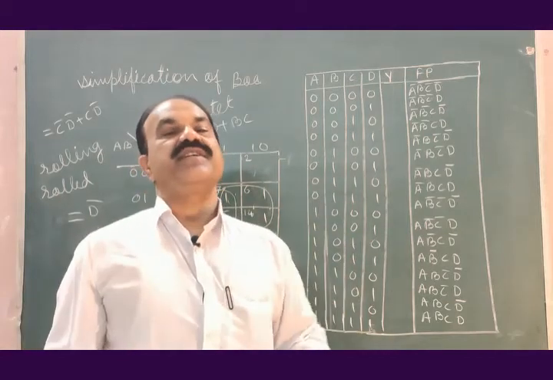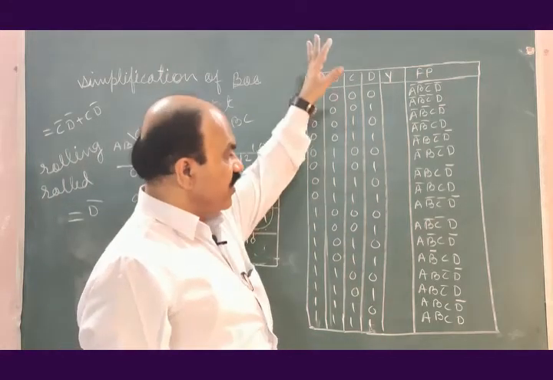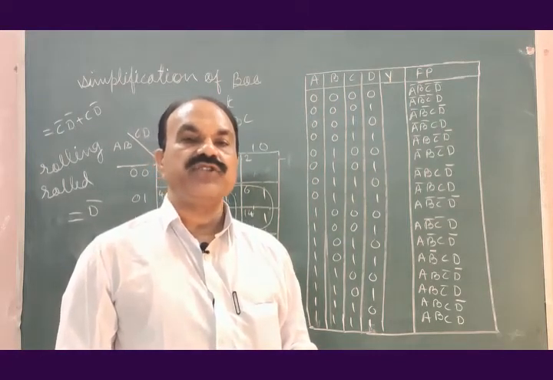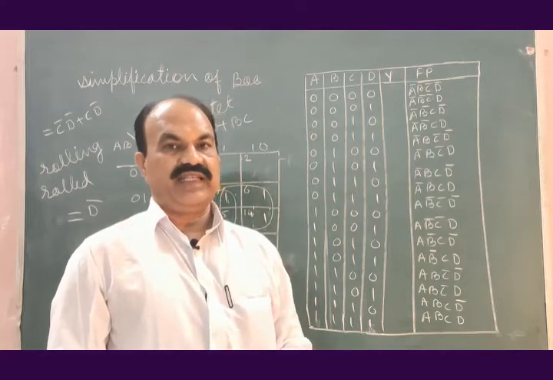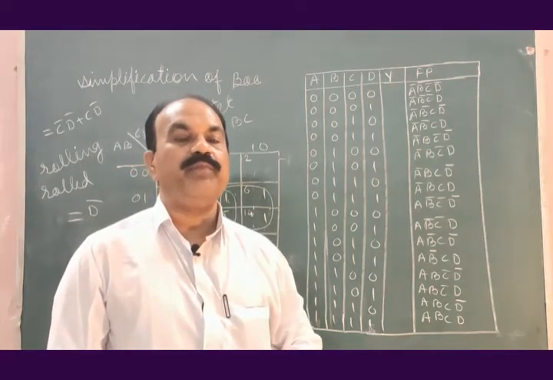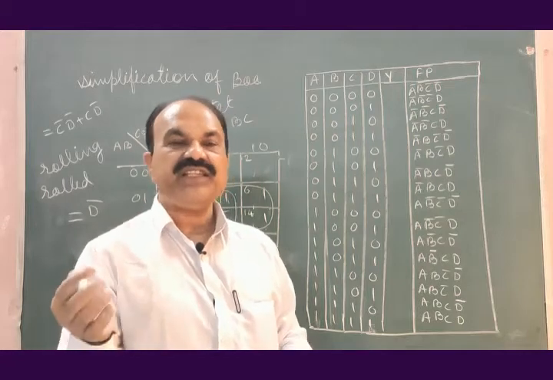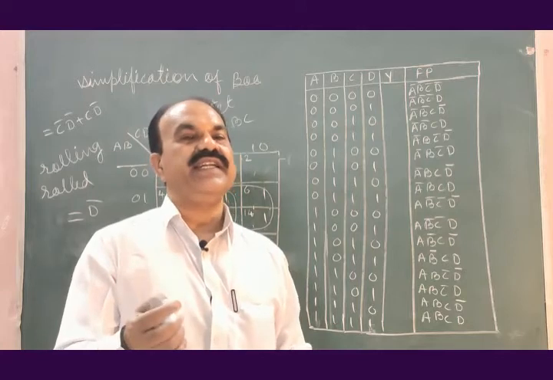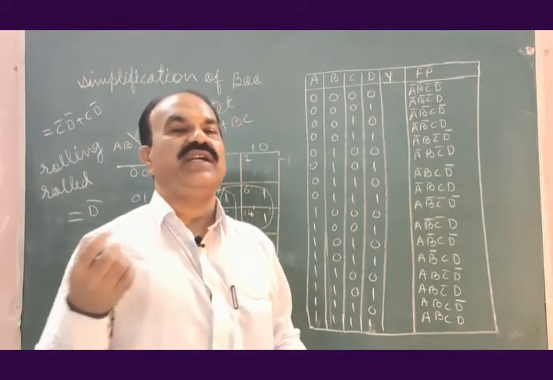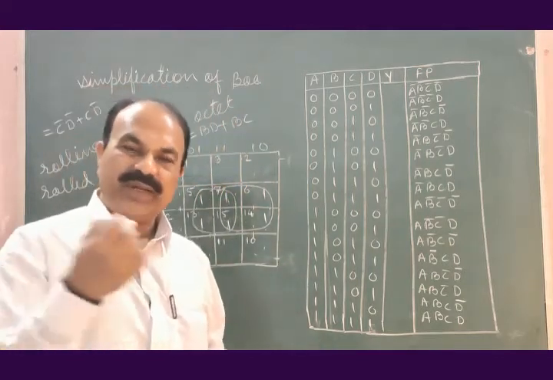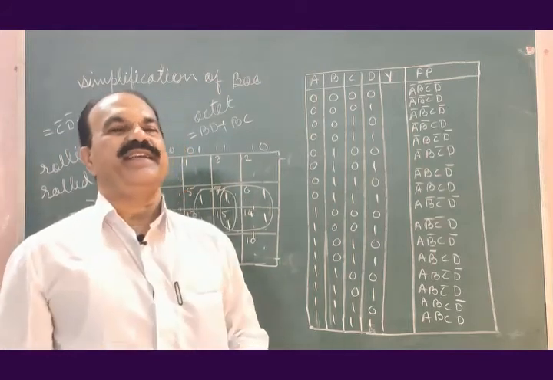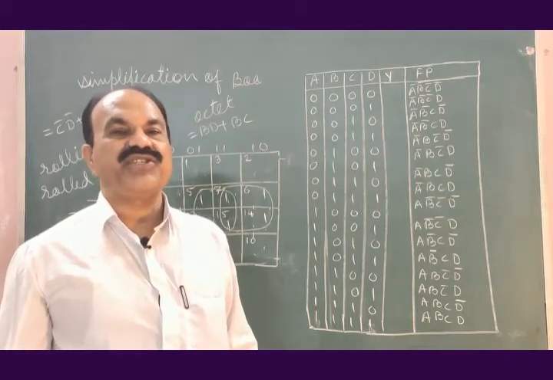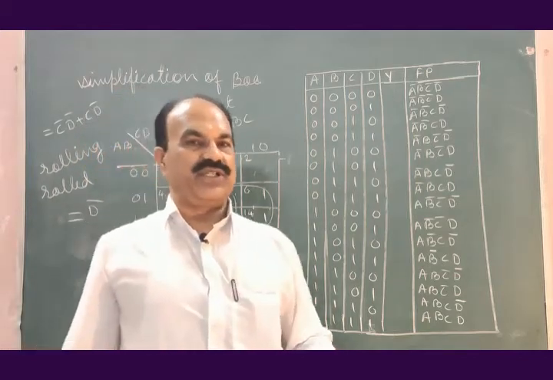When the Boolean expressions are simplified, whatever function we want to perform, that logical work will be performed by very small hardware. Very small circuit is needed, very few logical gates will be needed for implementation of that Boolean expression, and therefore simplification of Boolean expressions is very important.